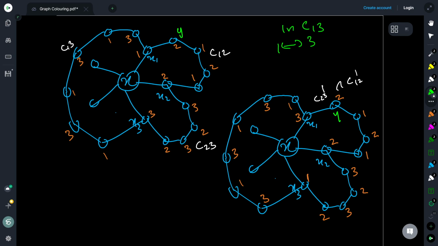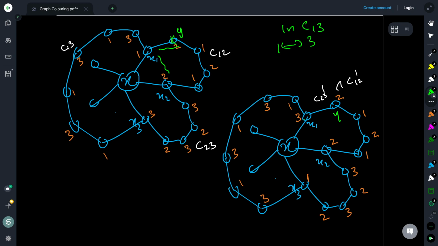Now we know that the vertex x1 is now colored 3. In the x1, x2 path, because x1, x2 is not an edge, there must be some vertex in the neighborhood of x1 which is colored 2, since there is a path and no direct edge. This must be some vertex y, other than x1 and x2.